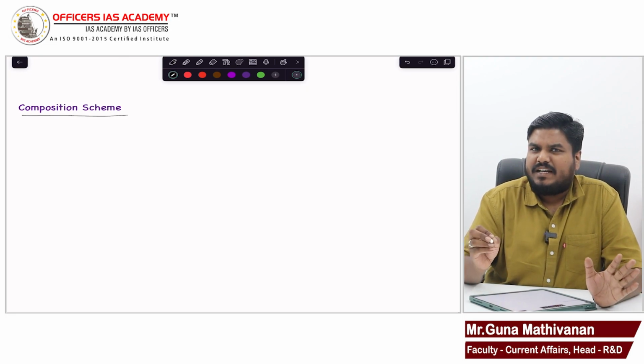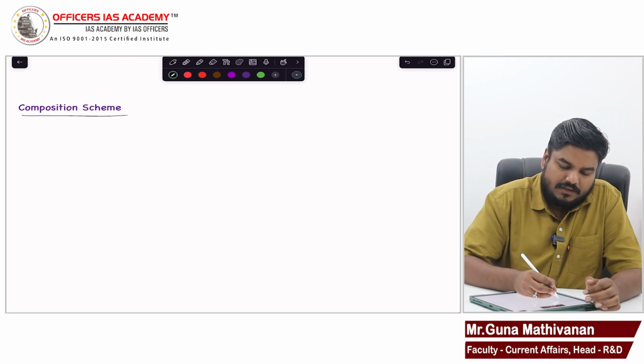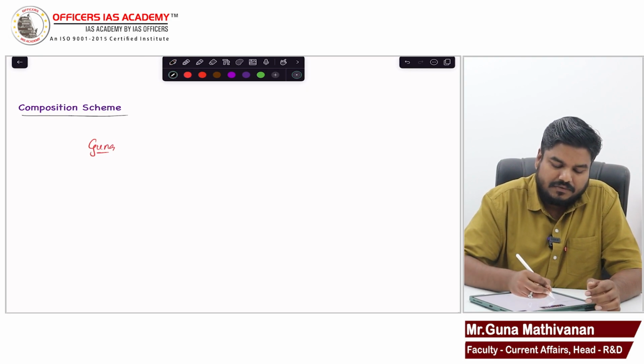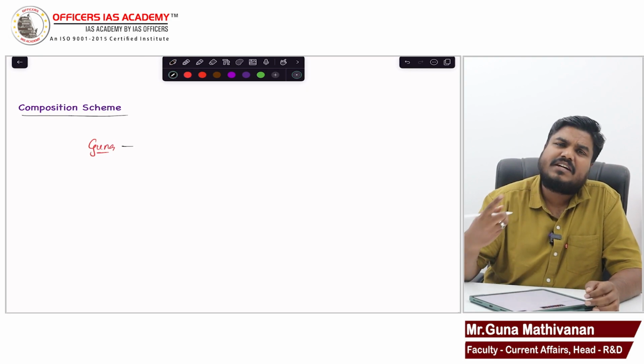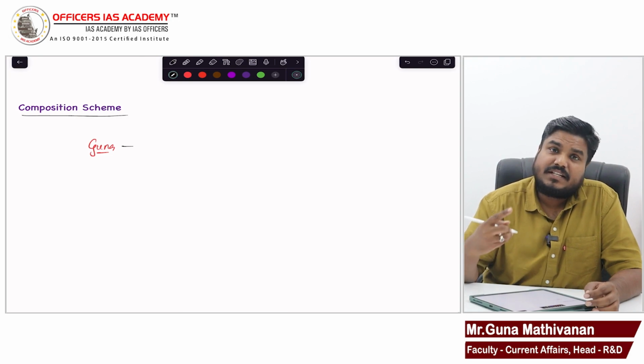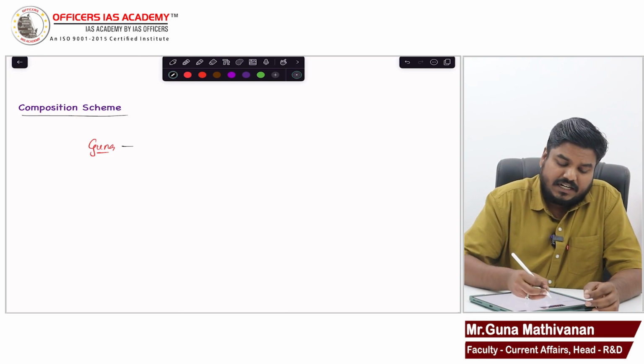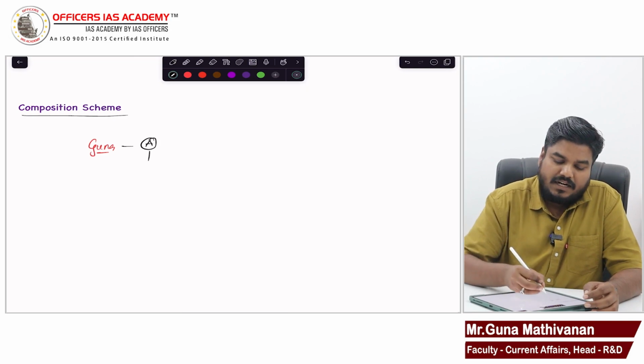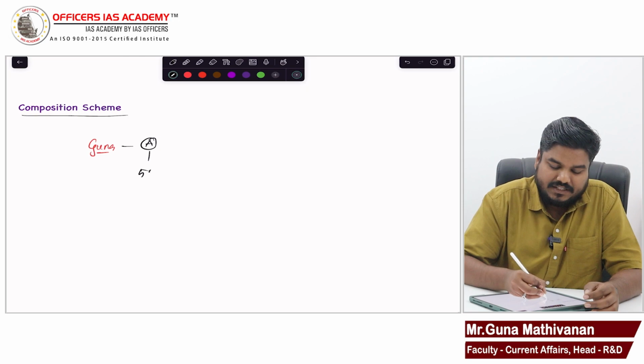So let's take an example. Now Guna is a manufacturer who is manufacturing different items. Let us say he is manufacturing item A, which is coming under the GST slab of 5%.